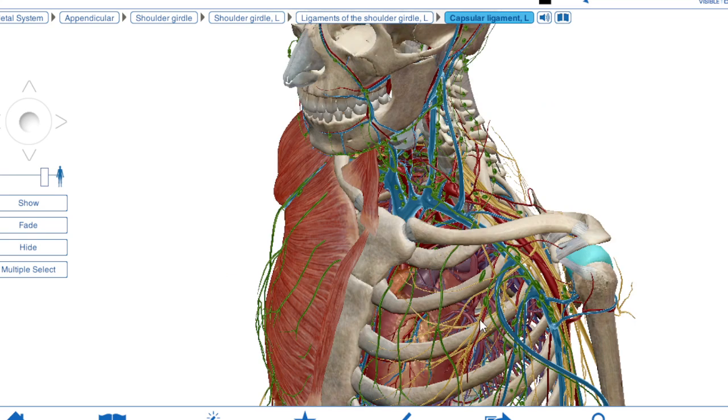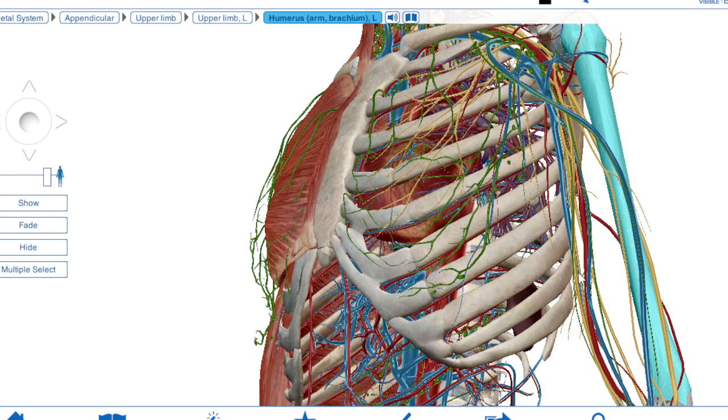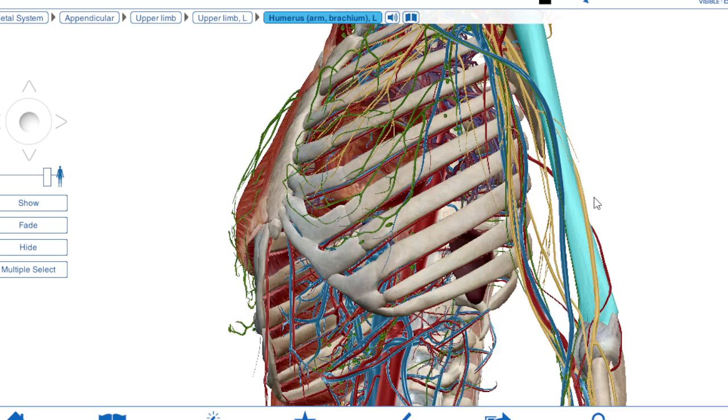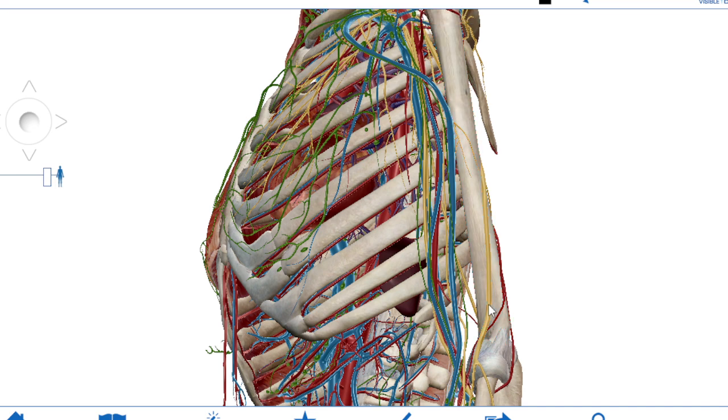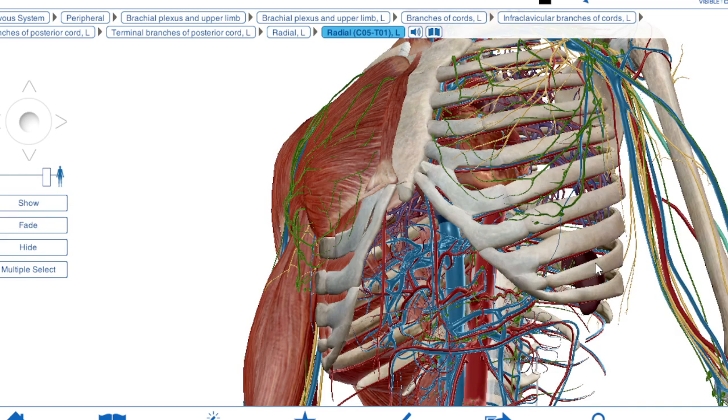Now this is the humerus. These wires are present. We will discuss everything in detail. This is a nerve, the radial nerve, on the lateral side.